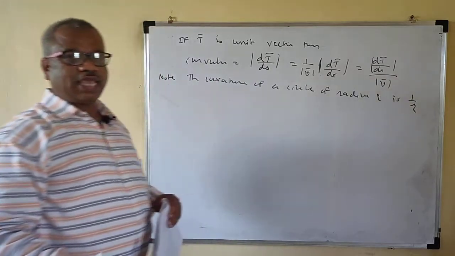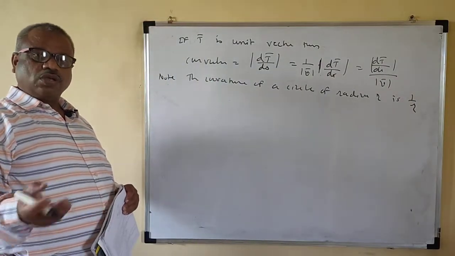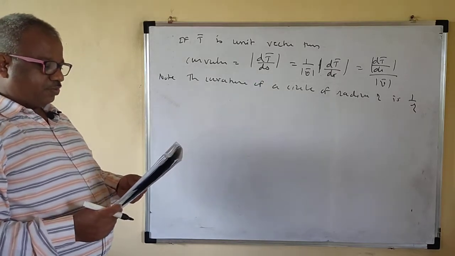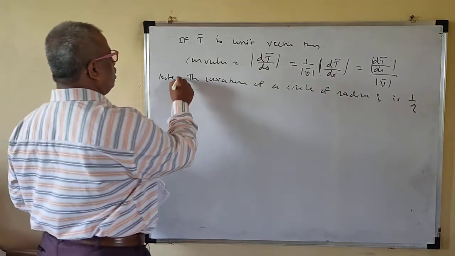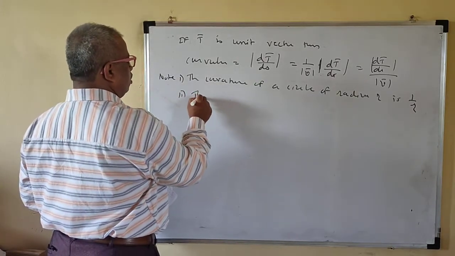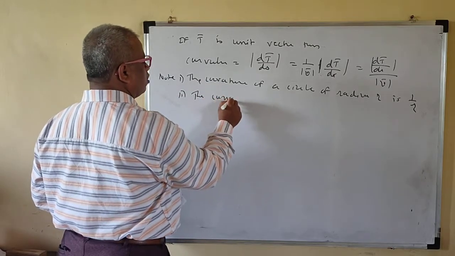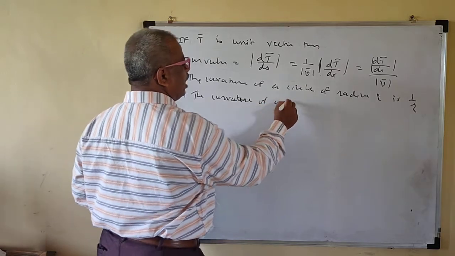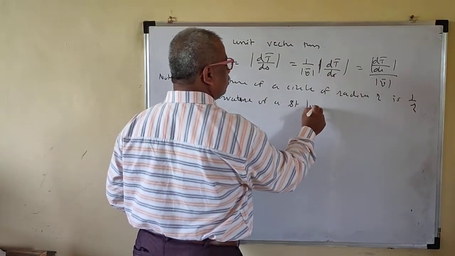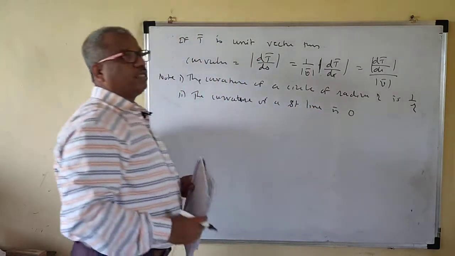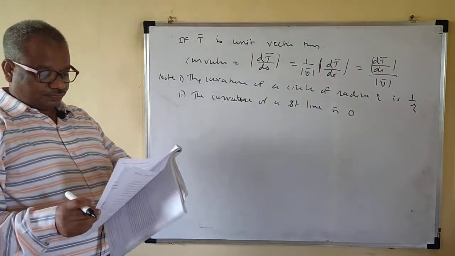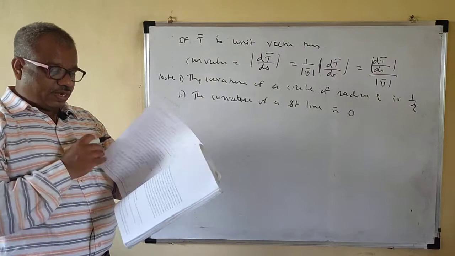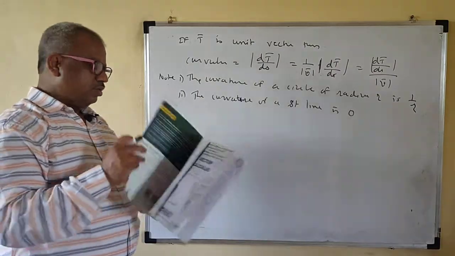That means for radius a it is 1 by a; for radius 2 the curvature is 1 by 2, for radius 4 the curvature is 1 by 4, and for radius 1 it is 1. Second, the curvature of a straight line is 0. The curvature of a straight line is 0. So these are the important points that you should note.